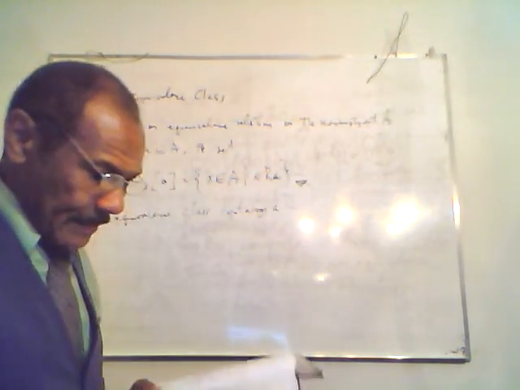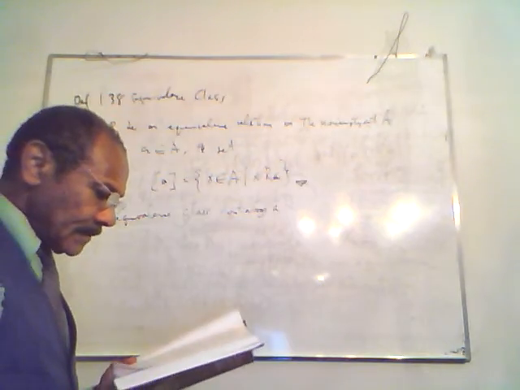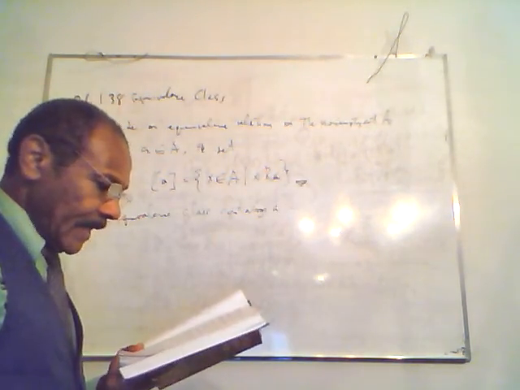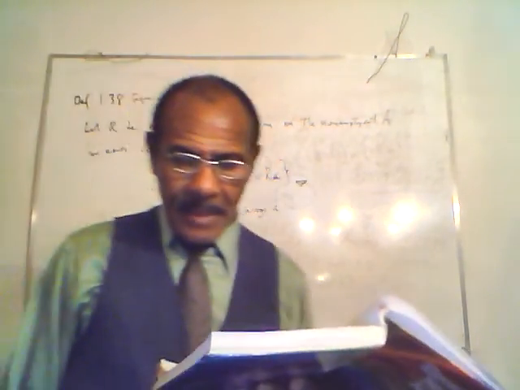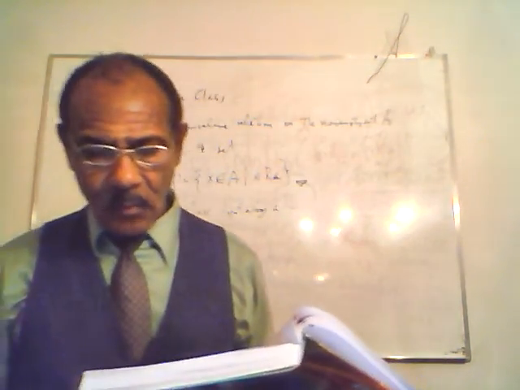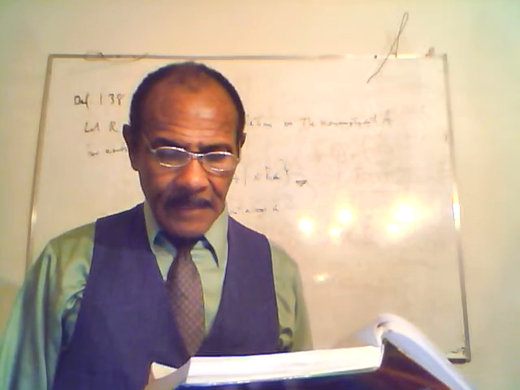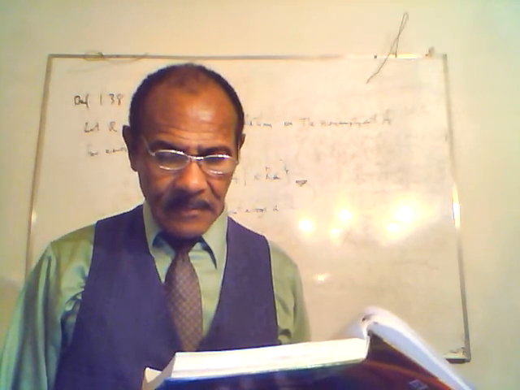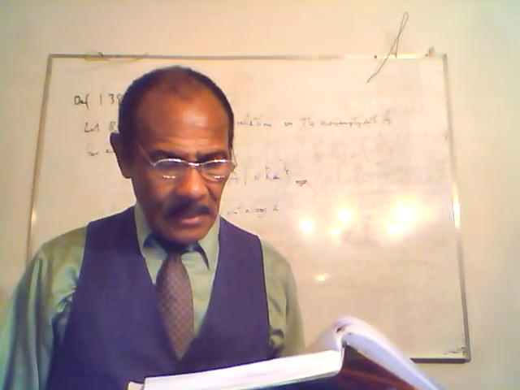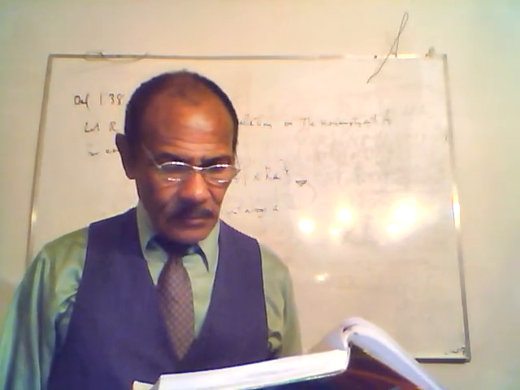Okay, we have an example. The relation in example 2 defined on Z by x relation y if and only if the absolute value of x equals the absolute value of y is an equivalence relation.